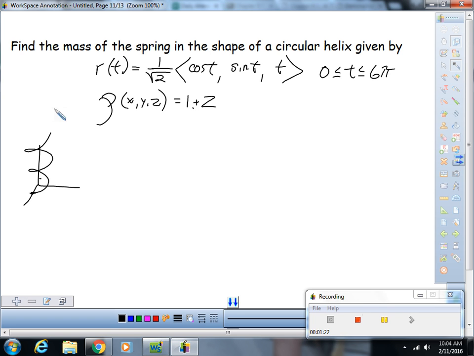So, what we have here is we have some information like kind of hidden. So when we do our integral, it's 0 to 2 pi, okay, this needs to be x 1 plus z. This is our density function.